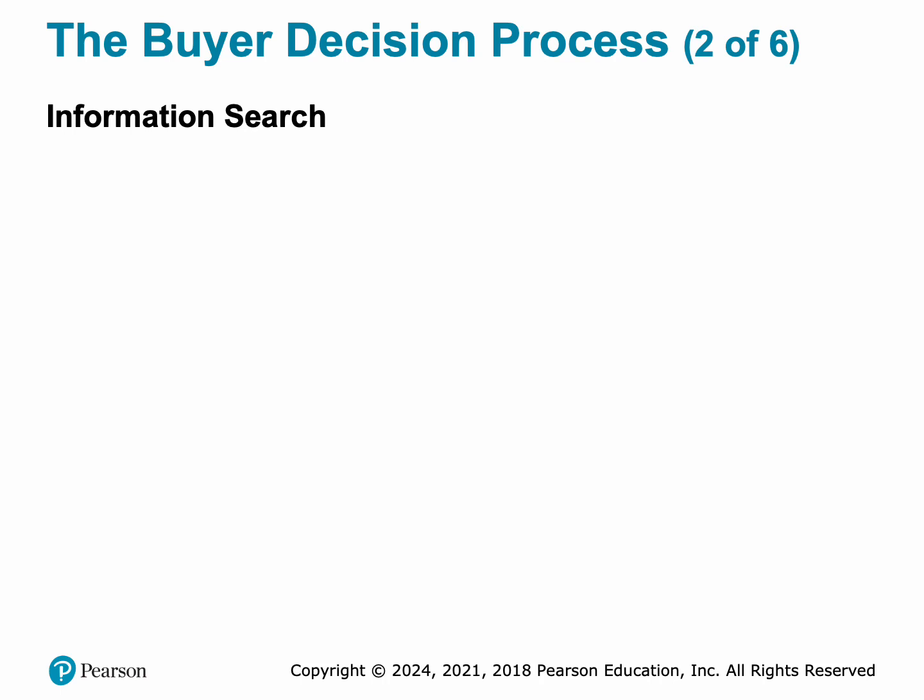But traditionally, consumers receive the most information about a product from commercial sources, those that are controlled by the marketer. The most effective sources, I guess, tend to be personal, right? But they inform the buyer.